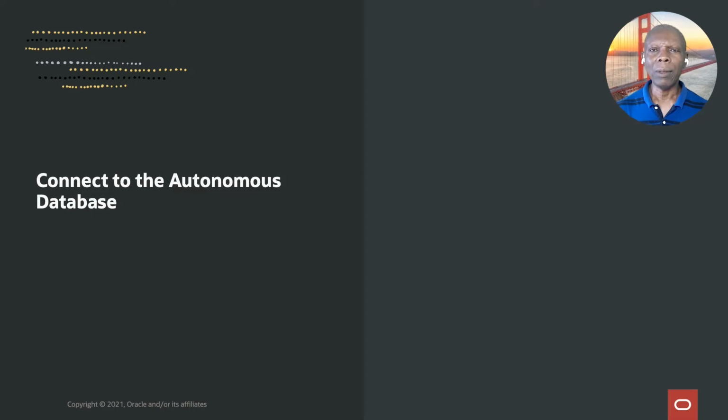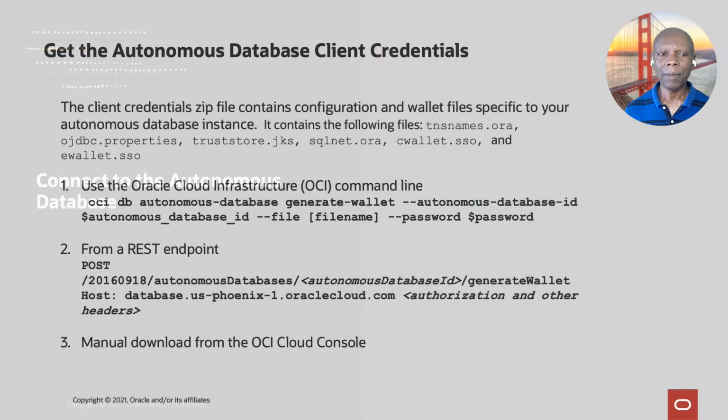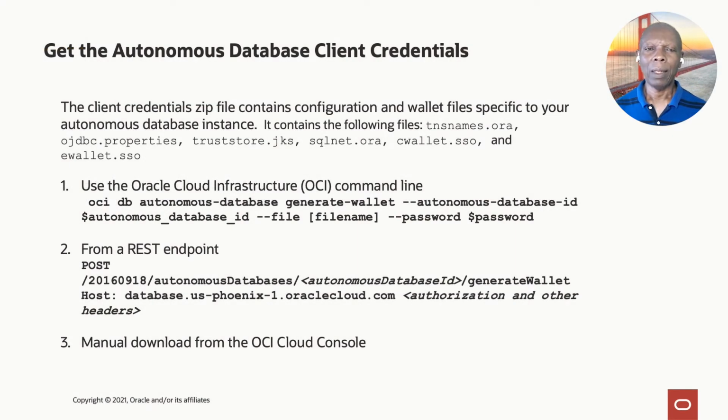How do you connect to the autonomous database? Well, as I said, and you will see in the demo, you first need to get the client credential. It is a set of files, and you can see the list of files on the slide. You need to get those files generated specifically for your instance of Autonomous Database.